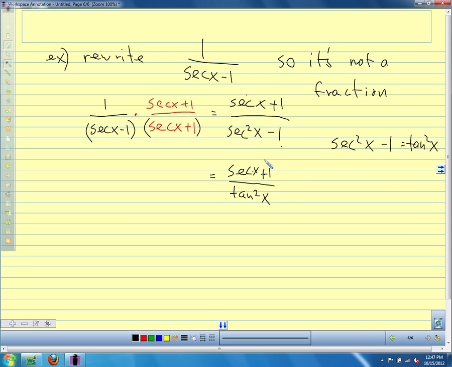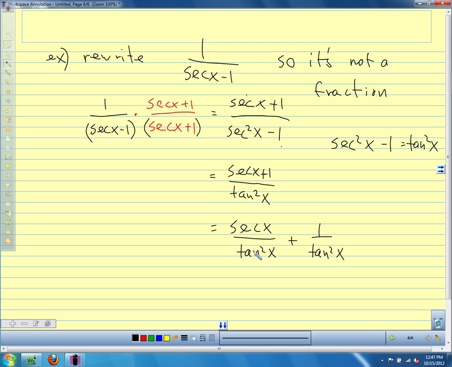Well, we still have a fraction here. Now I can separate this into two fractions. Tangent squared x is my common denominator. So this equals secant x over tangent squared x plus 1 over tangent squared x.